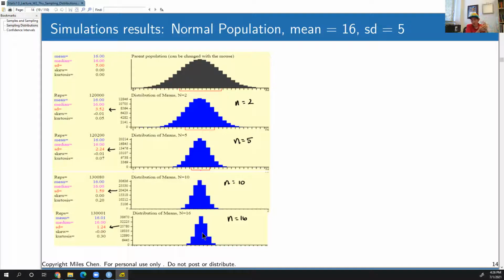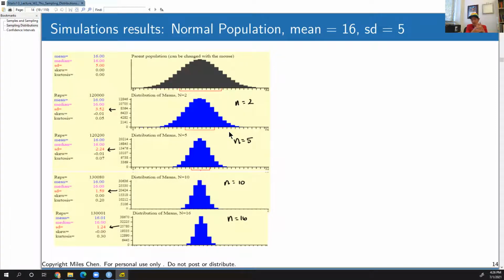Because most likely, you might get 2 or 3 people in your sample who are really tall, or 2 or 3 people who are really short, but probably most of the other people are not going to be these extreme values. They might be closer to the middle. And so when you take the average of everybody, that average value is going to be closer to the middle. So when you have a small sample size, it will happen, not very often, that you get 2 people whose average is very high, or very low.